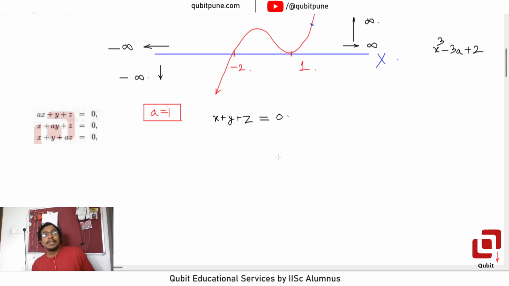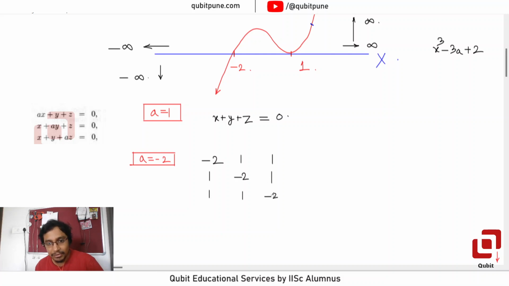But suppose I take a as -2. Okay, can we express the solution as a set? Okay, let's see. -2, 1, 1, 1, -2, 1, 1, 1, -2.